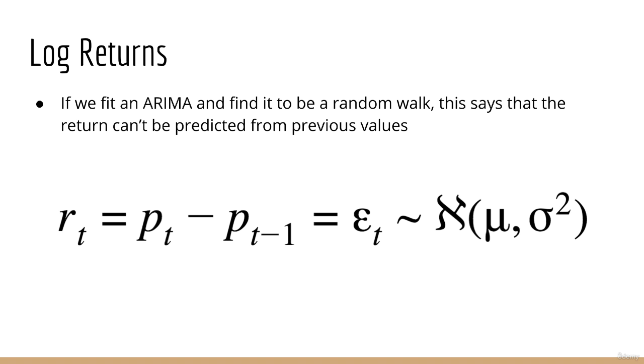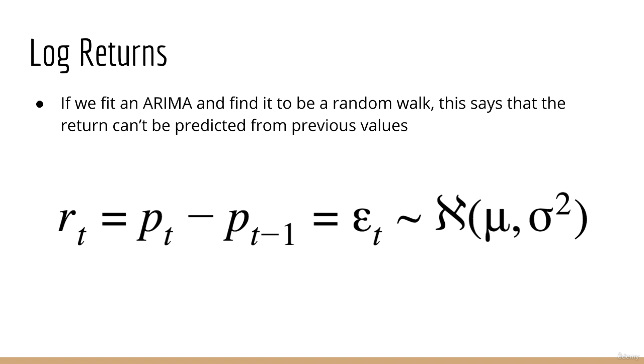It does not depend on any past values, which is what an autoregressive model would tell us. It does not depend on any past noise terms, which is what a moving average model would tell us. Instead, a random walk says that the log return is purely noise from a single point in time, and hence completely unpredictable aside from the mean of the noise.